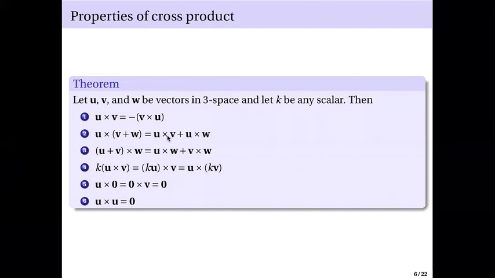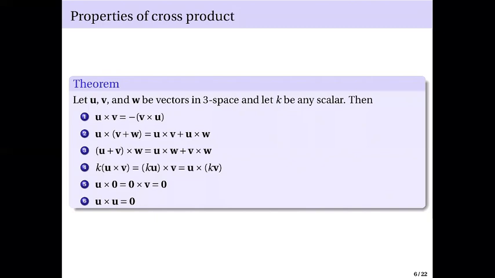So U cross V, U cross W. Now here, still the distributive property: U plus V cross W is equal to U cross W plus V cross W. In this one, W is on the right factor of the cross product, so your W must remain on the right factor. So U cross W plus V cross W. Don't interchange them.